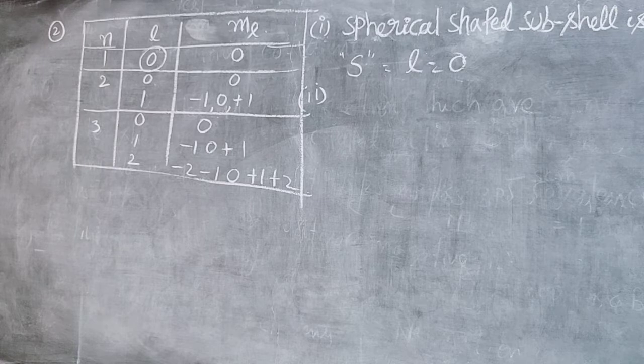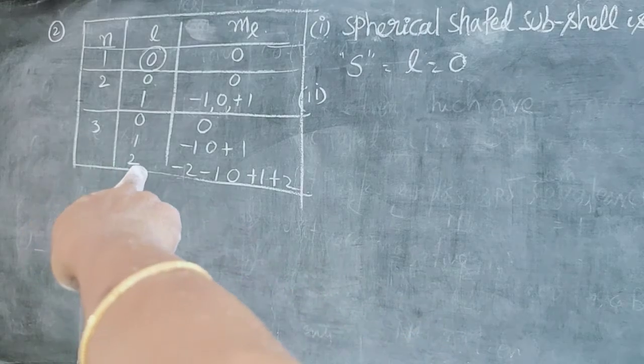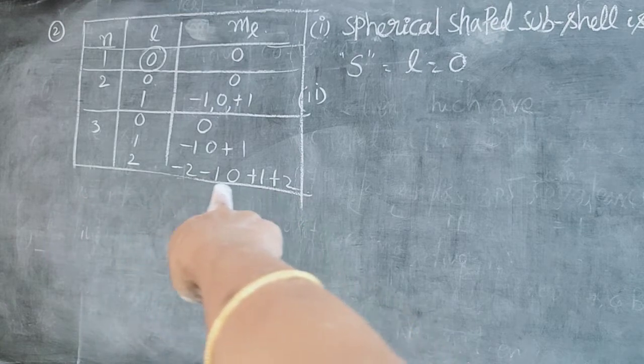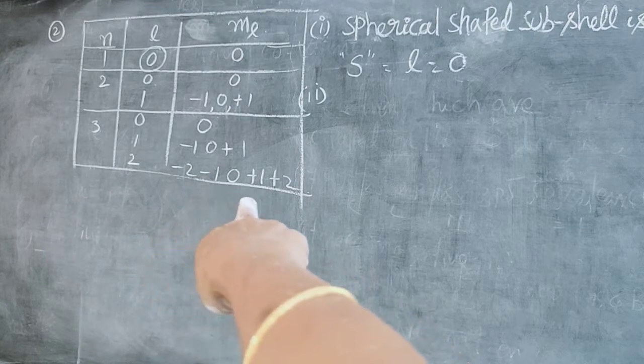How many values does ml take for L equal to 2? If the L value is 2, how many ml values will come? That is the question, and this is the answer.